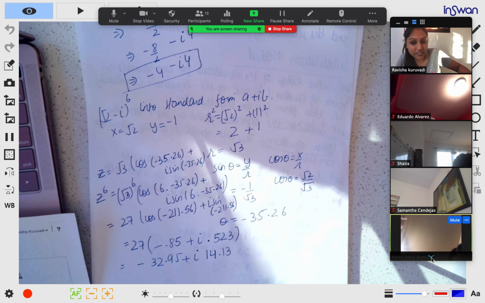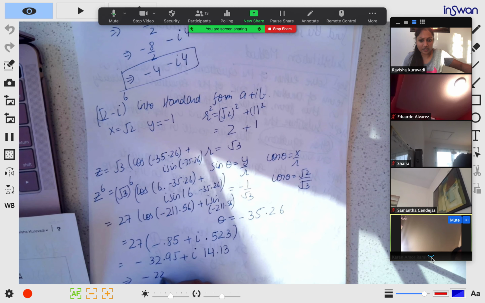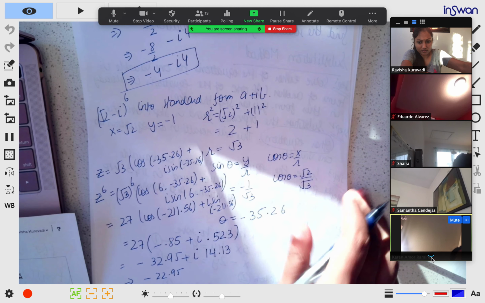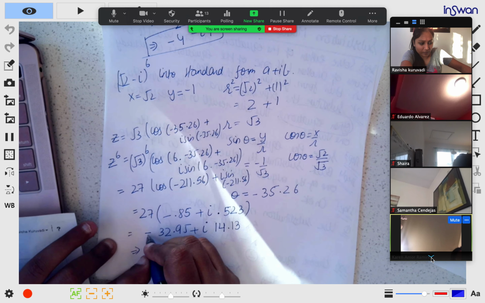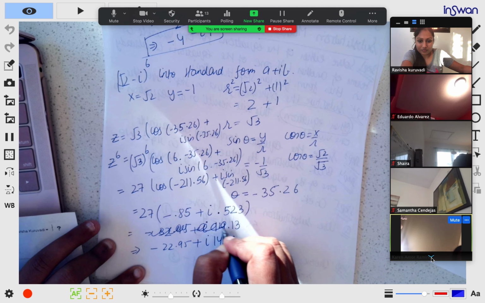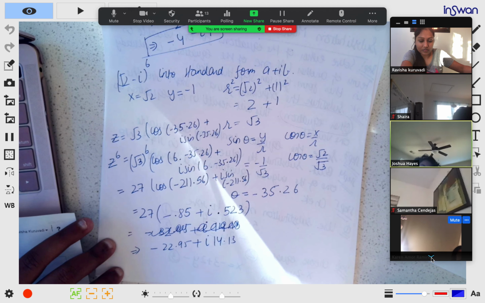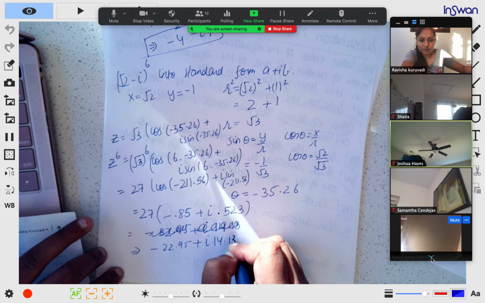When you're multiplying these two, didn't you get 22.95? It's 22.95. You're getting this as the answer. Yeah, that's what you're supposed to get.